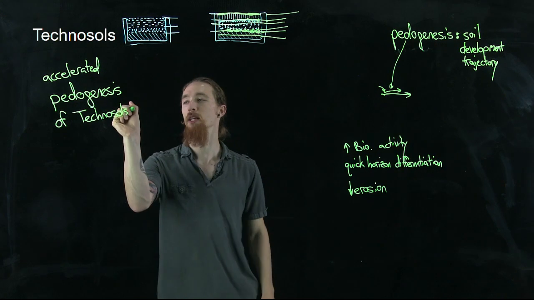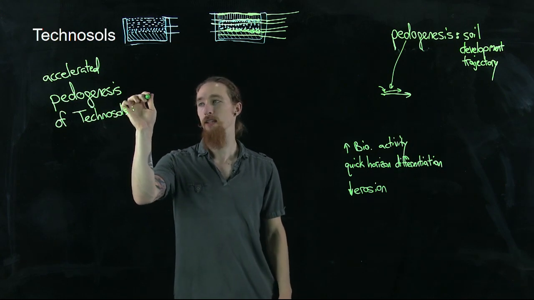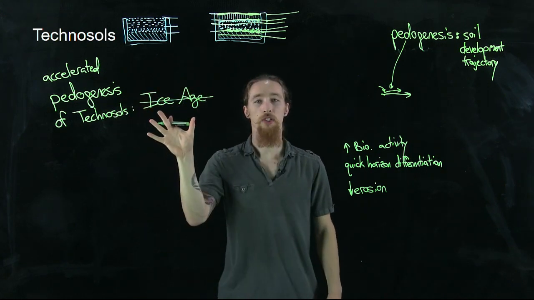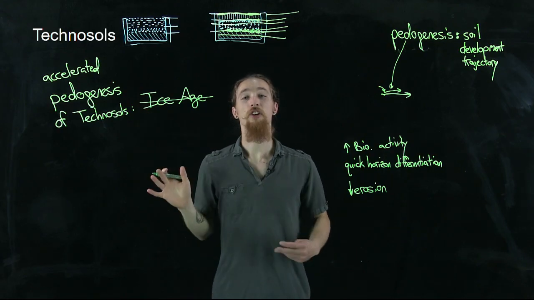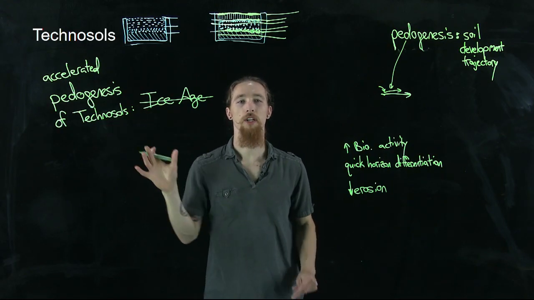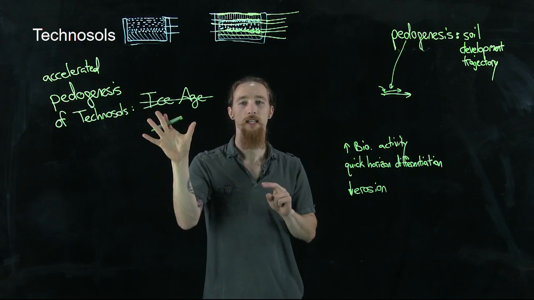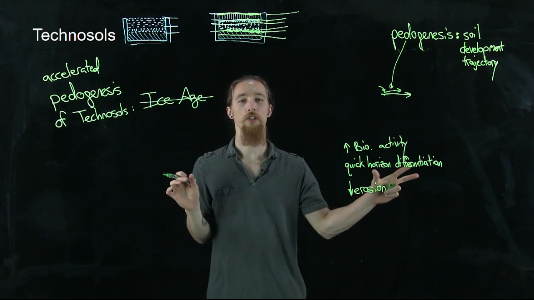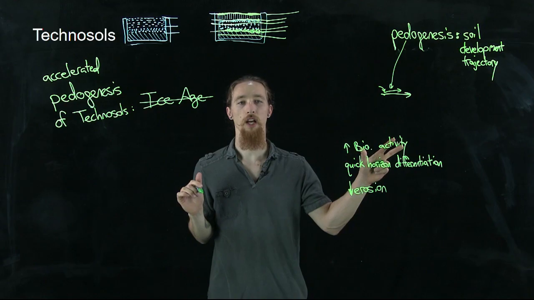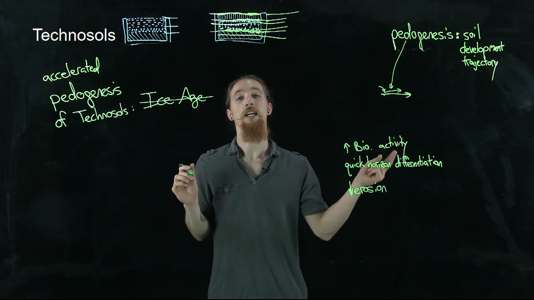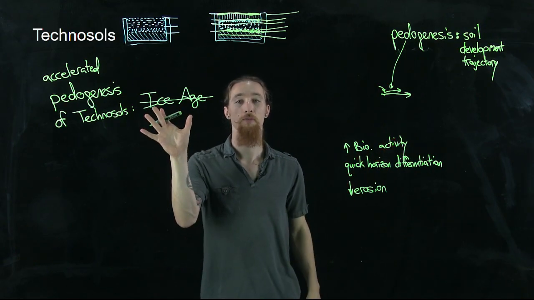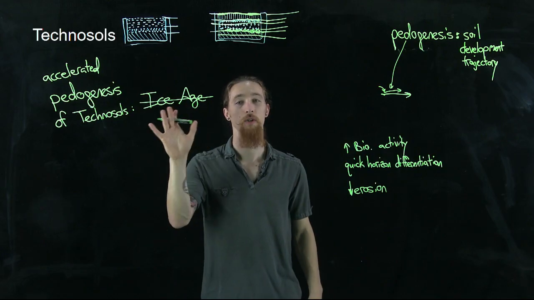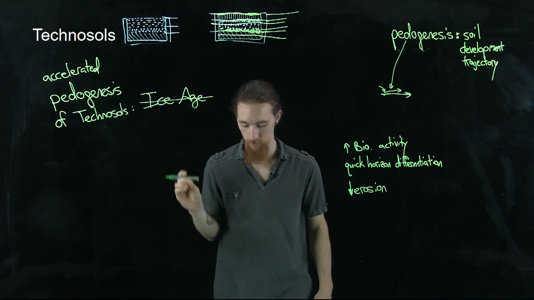It basically means that we're not in an ice age. Since we're not in an ice age, it's generally warm enough for things to develop, because one of the great things that develops a soil, that causes this differentiation of horizons, is biological activity. And biological activity is controlled by temperature. There's a lot less biological activity, especially in the soil, when you're talking about the ice age.